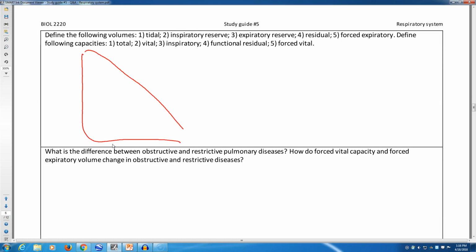Let's draw. That's a lung. Okay? So this is tidal volume. What is tidal volume? It's the volume of a normal breath. Now what is this?